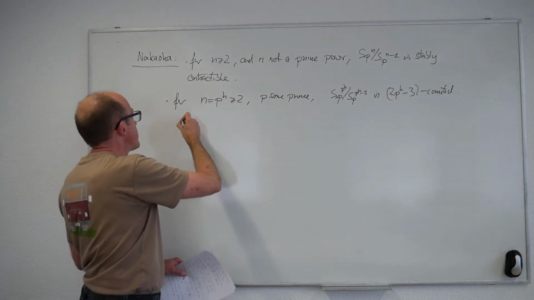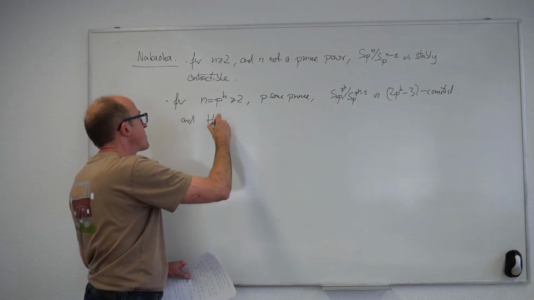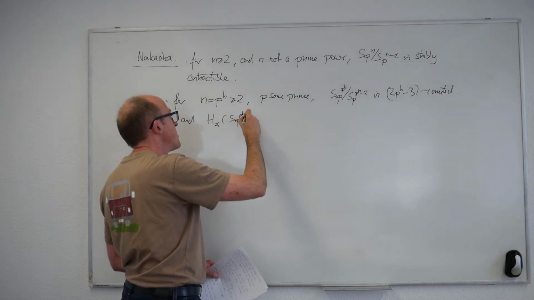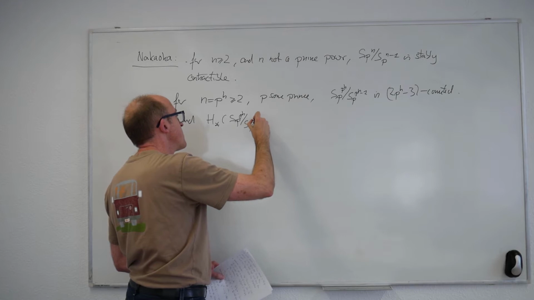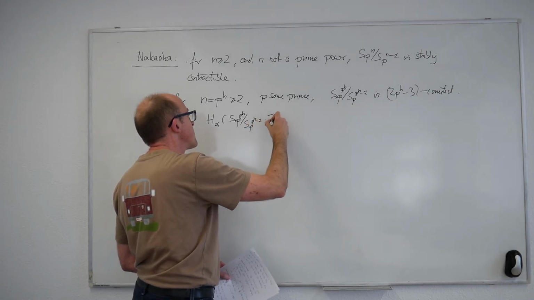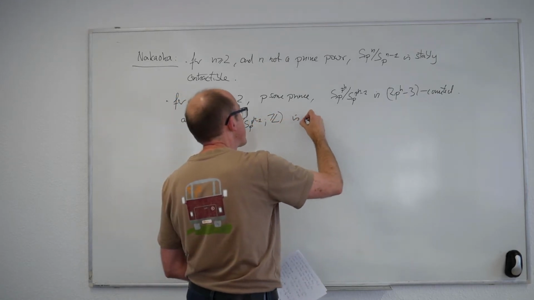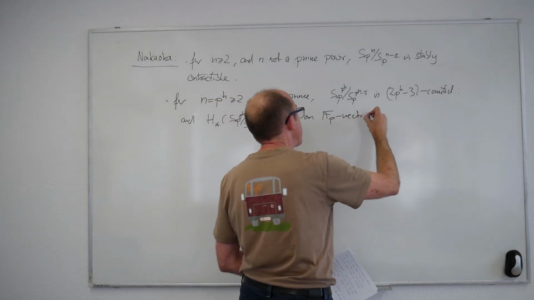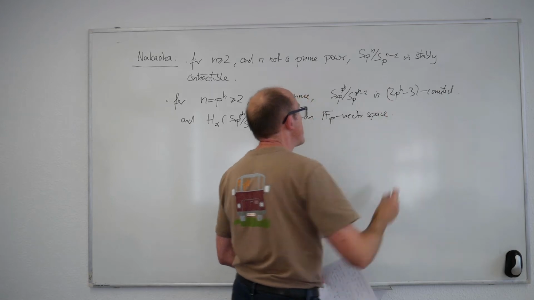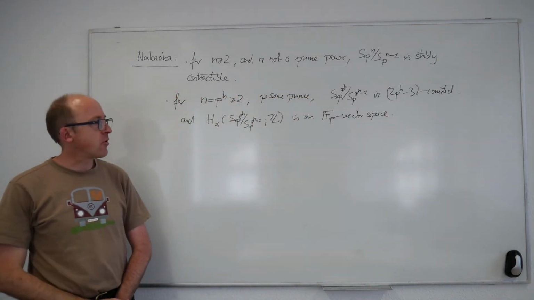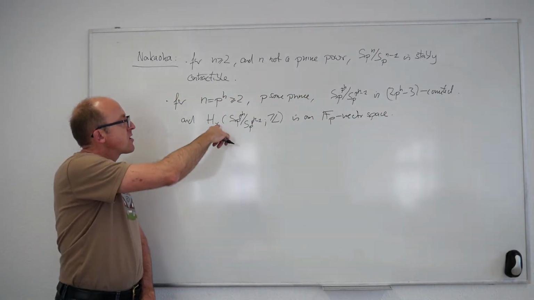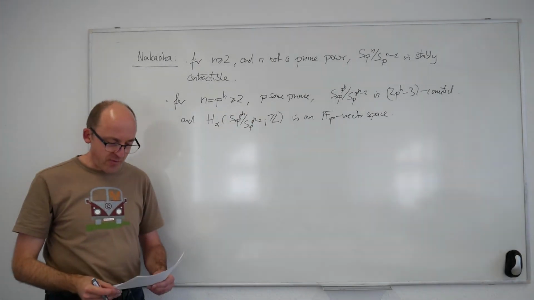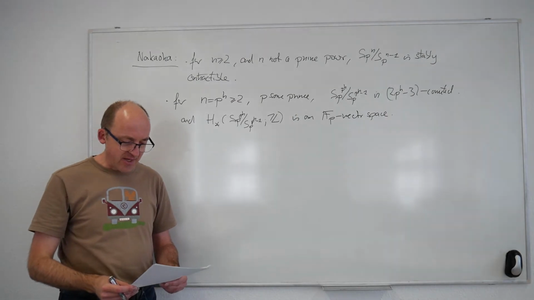And moreover, if you look at the integral homology of this, Sp^(p^h) modulo Sp^(p^h - 1) with integral coefficients, this is an F_p vector space. So in particular, this spectrum is a p-torsion spectrum, but a little bit more is true. So these homology groups are not only annihilated by some power of p, they are annihilated by p itself.